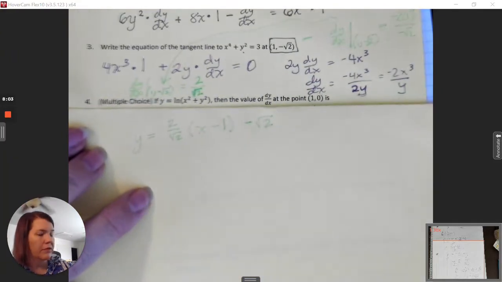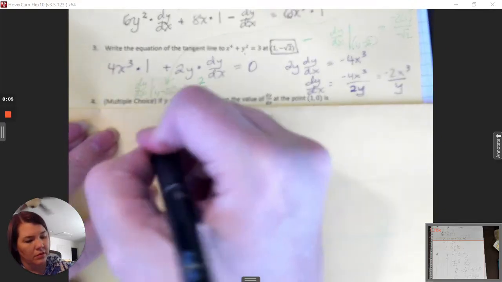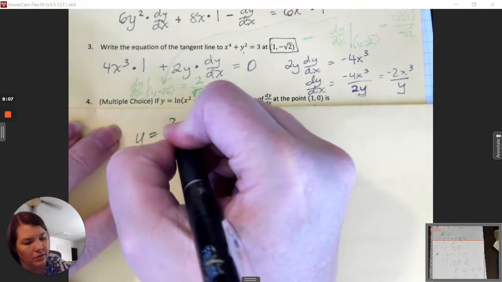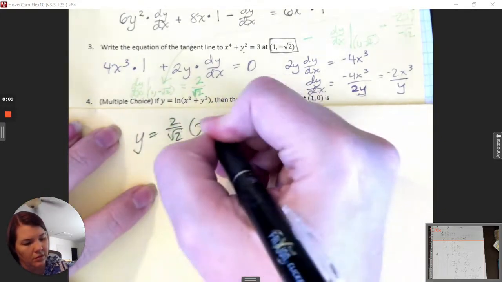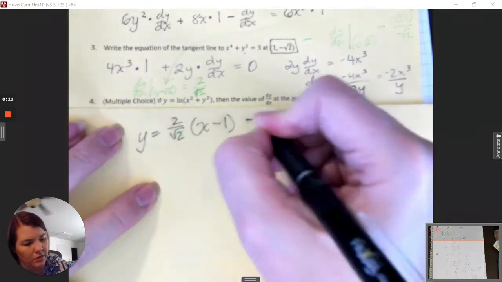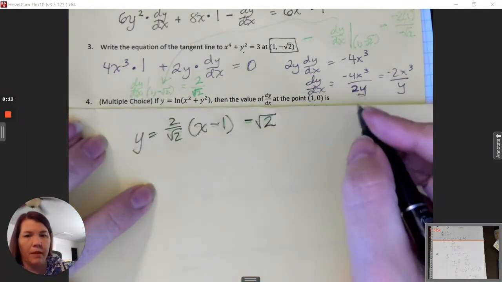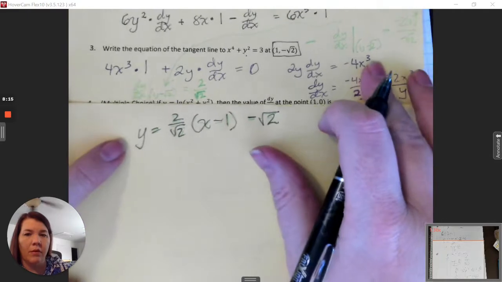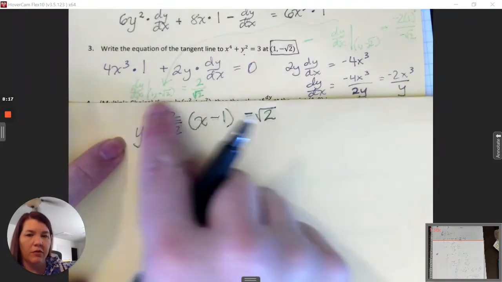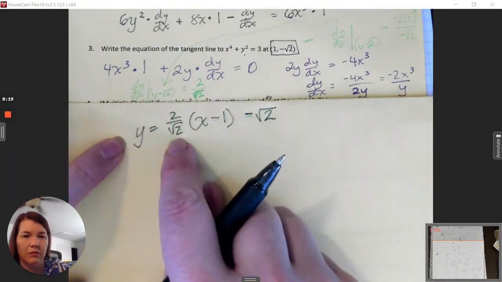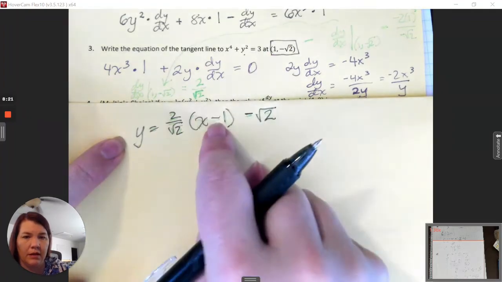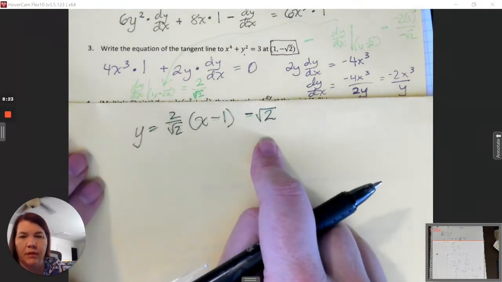Let me do that in a different color. Okay, so I found my slope, had to find the derivative so I could plug in there, then x, then y. Done.